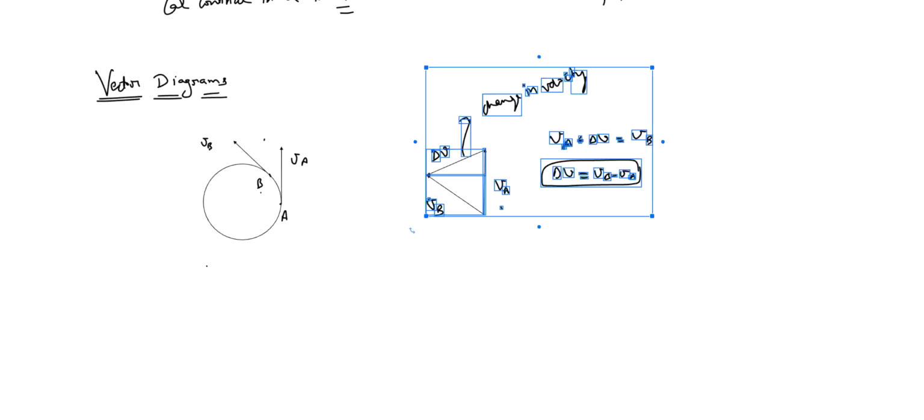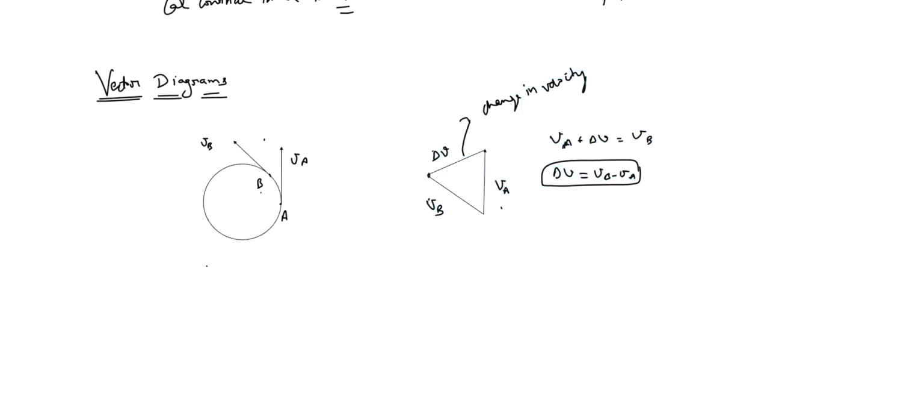If I shift this change in velocity to this side, you will find that it will be acting toward the center. This change in velocity will be acting toward the center, right?